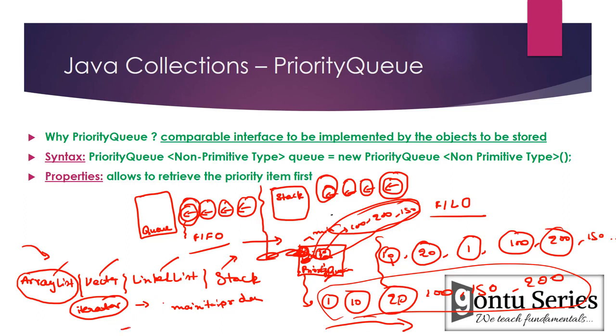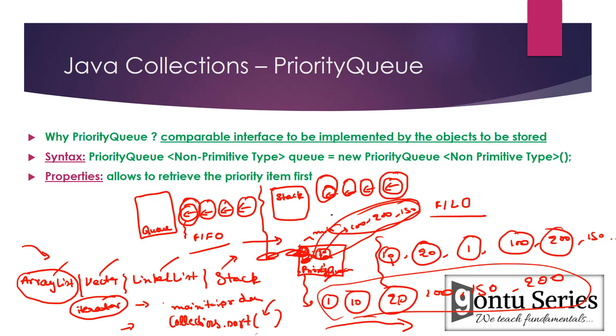If you want by any chance to sort things in any of these Java collections, what you do is make use of Collections.sort, and then you put here that ArrayList object or a vector object or a linked list object or a stack object.